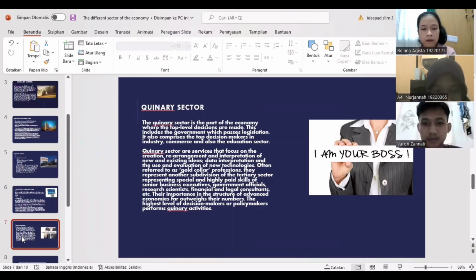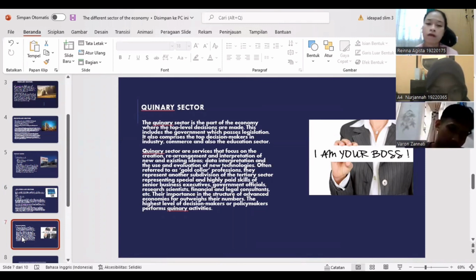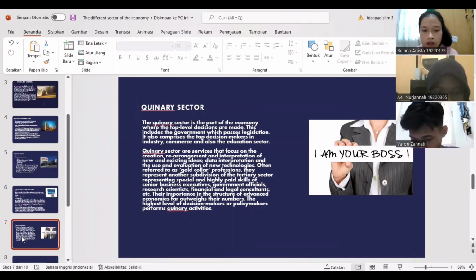Quinary sector services focus on the creation, rearrangement, and interpretation of new and existing ideas, data interpretation, and the use and evaluation of new technologies, often referred to as gold collar professions.